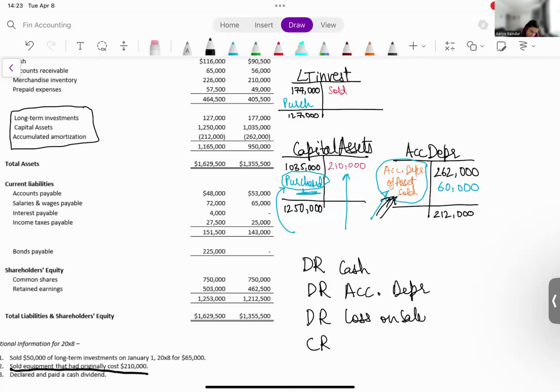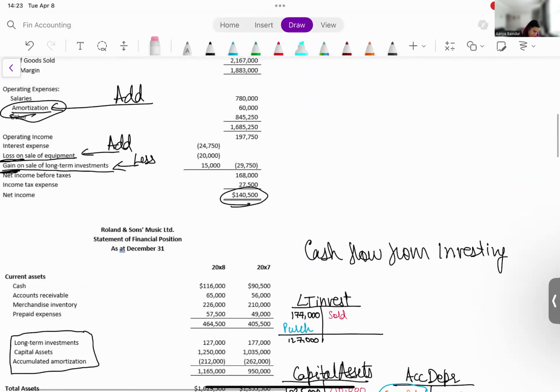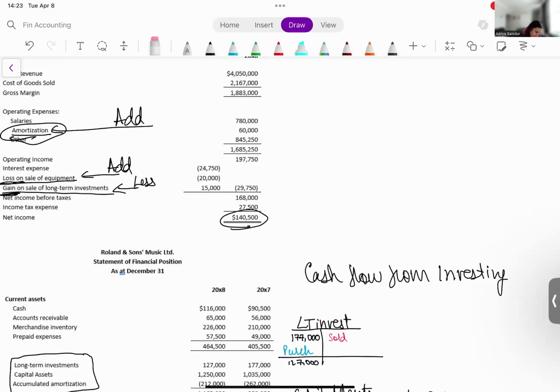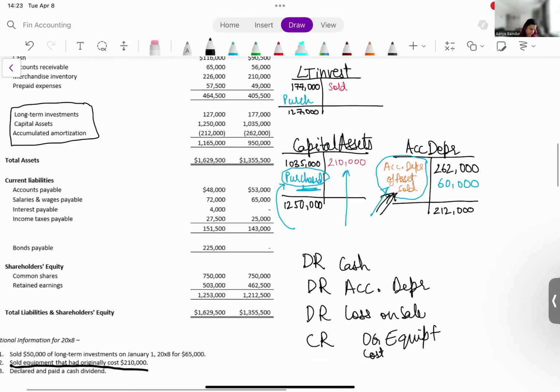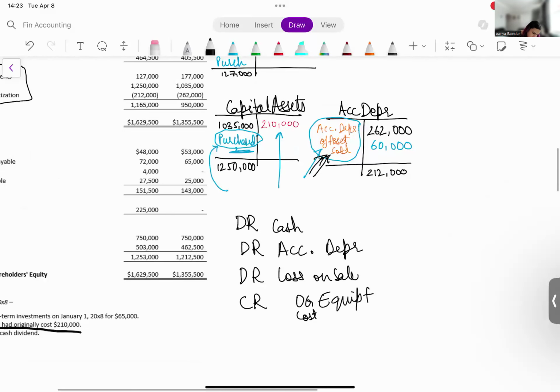And you have to credit the equipment itself, so the original cost of the equipment. And in case there's a gain on sale, then you have to also credit the gain on sale. But if I recall in this particular question, if we go up here, we only have a loss on sale of equipment. So we know that it's a debit here. So let's put in that loss on sale value. That's 20,000. So loss on sale is a debit of 20,000.